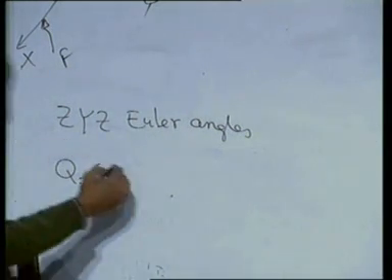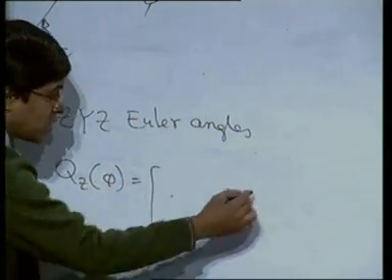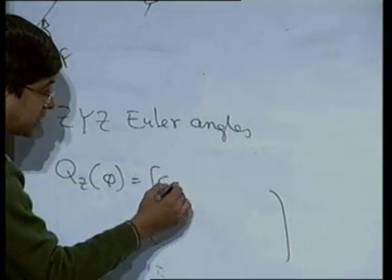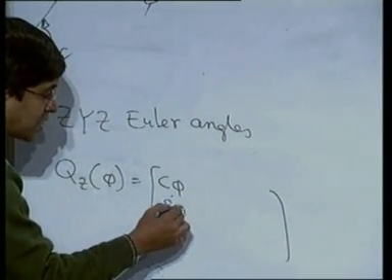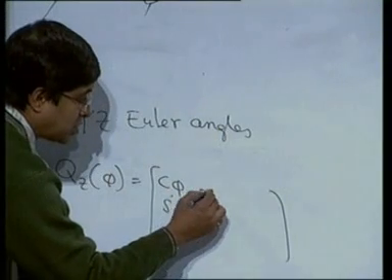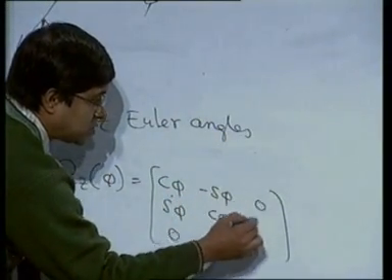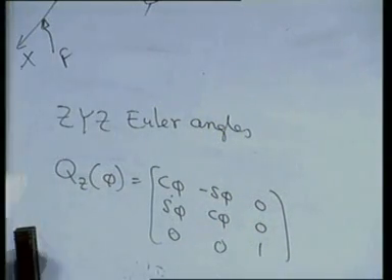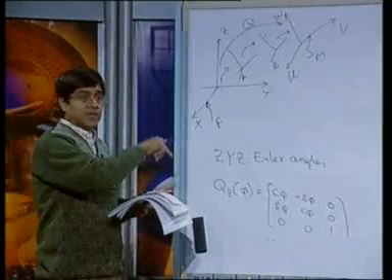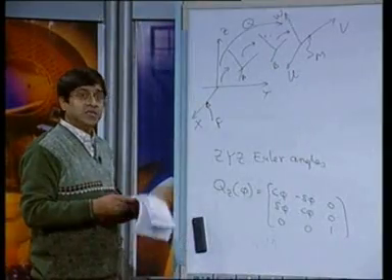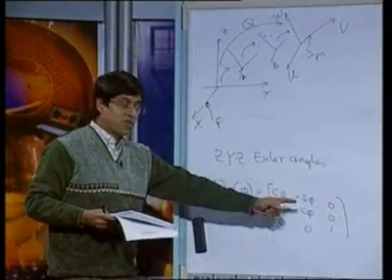Since it is a rotation about z, one can see very easily that this is cos phi, sin phi, 0; minus sin phi, cos phi, 0; 0, 0, 1. Because it is a rotation about the z axis, as we have seen in our direction cosine derivations, it follows this structure.